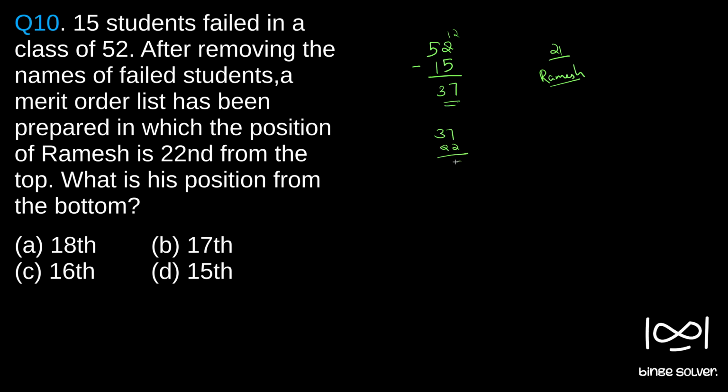We get 15. There are 15 students below Ramesh. There are 21 students above Ramesh and 15 students below Ramesh. So from the bottom, the rank of Ramesh will be 16, since there are 15 people below Ramesh. So the solution to question 10 is C, 16.